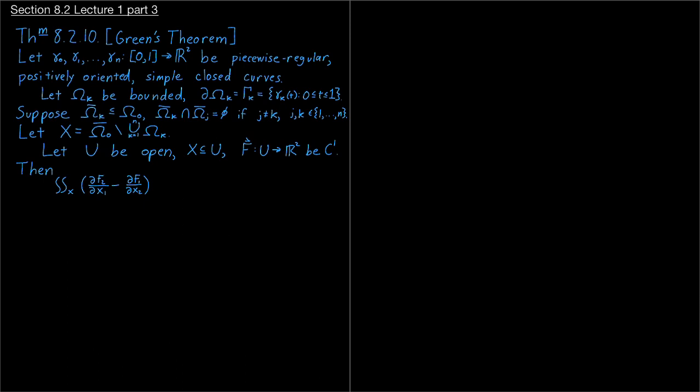Because I think it sheds some light on the problem. That is equal to the integral over the boundary of f dotted with T ds, where the integral over the boundary of f dot T ds is the integral over the outer boundary minus the integrals over all the inner boundaries.